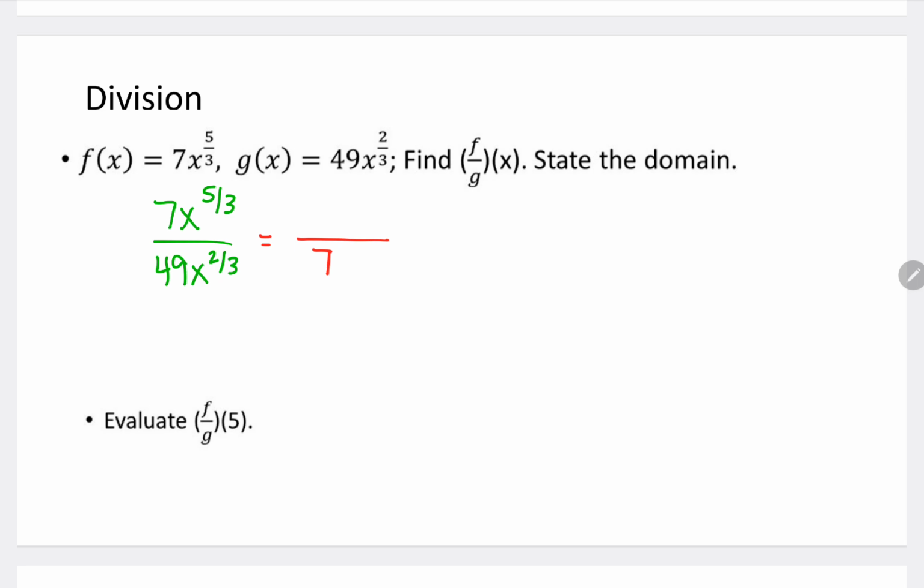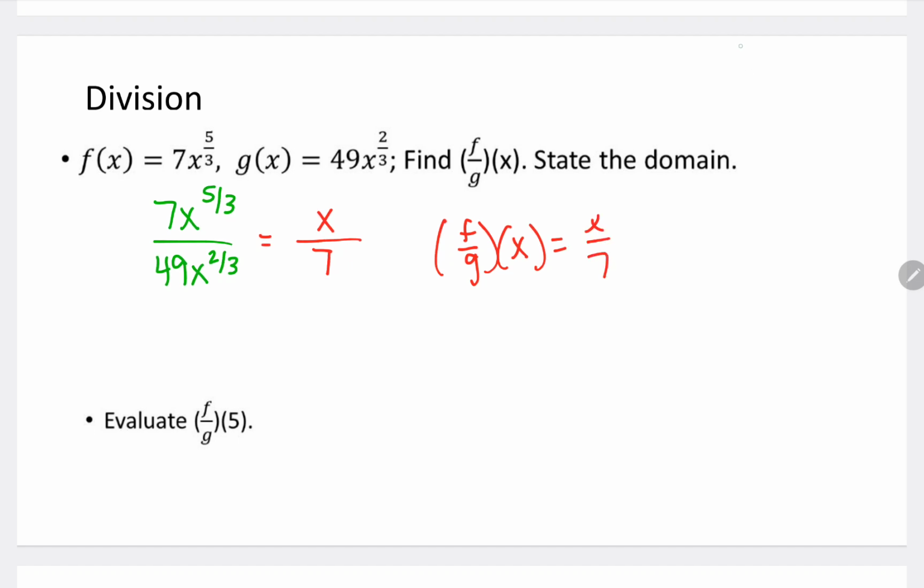And then when we subtract our exponents on the x's, 5/3 minus 2/3 is 3/3. 3/3 is just 1. So we have x over 7. f divided by g of x is x over 7.